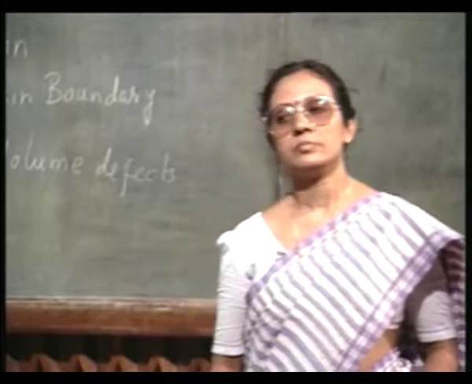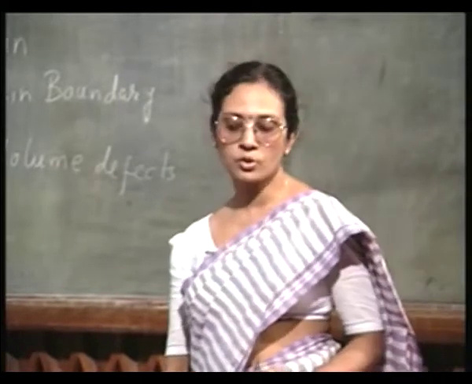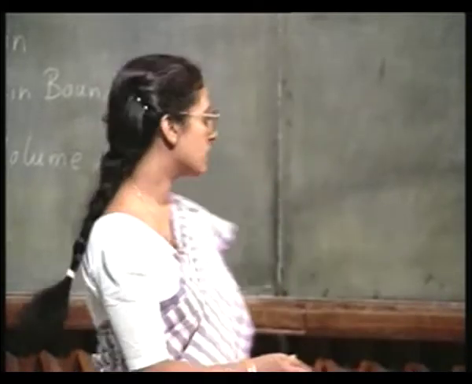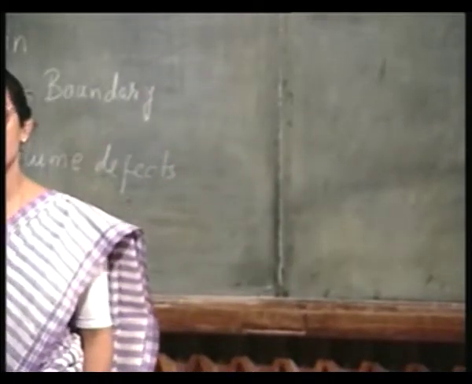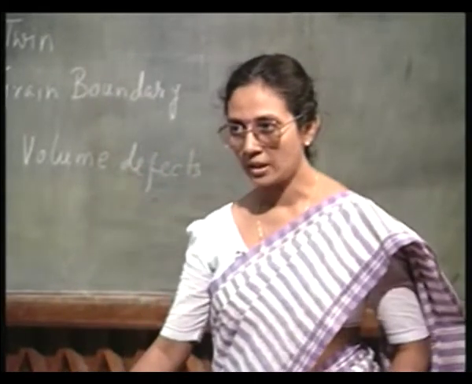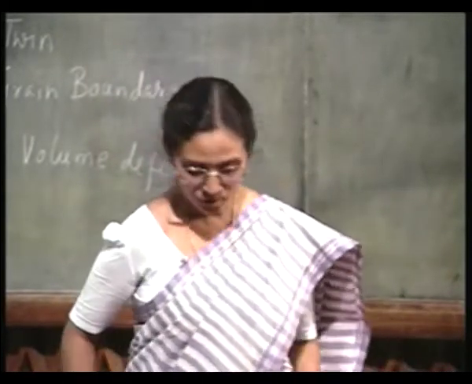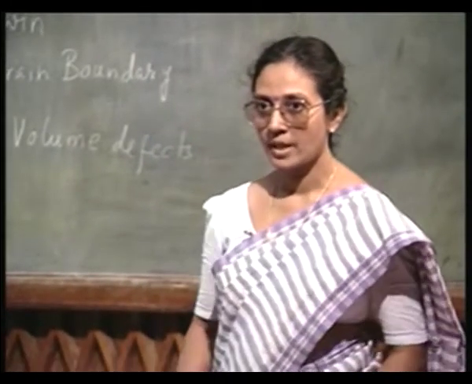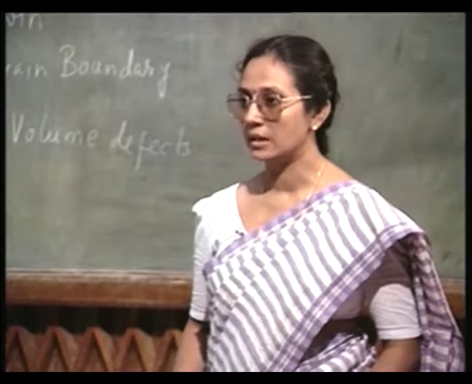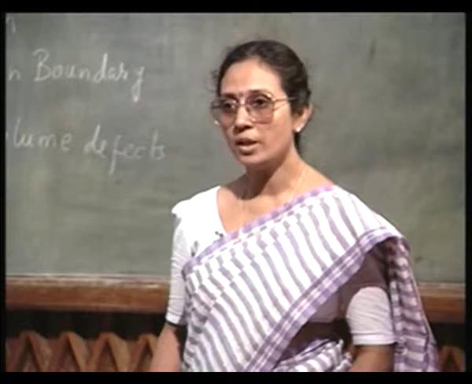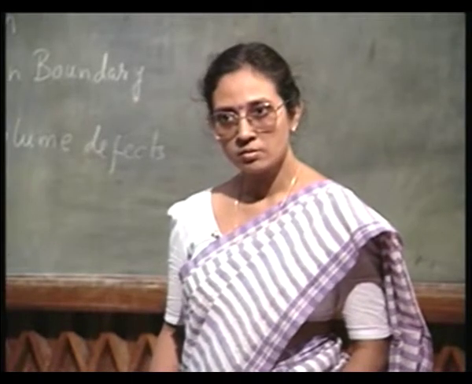So, the crystal growth of silicon has to follow these few steps. First of all, the starting material is almost always silicon dioxide, and then you have to reduce that silicon dioxide and form silicon. This silicon material will be polycrystalline.